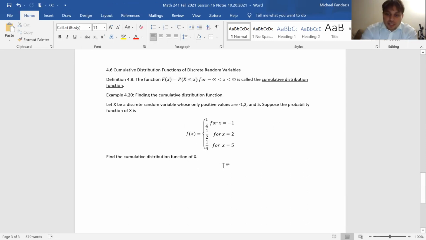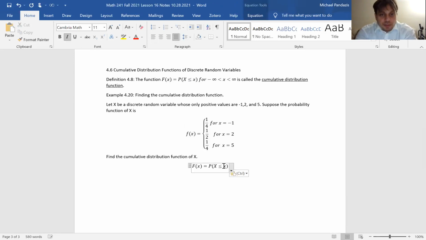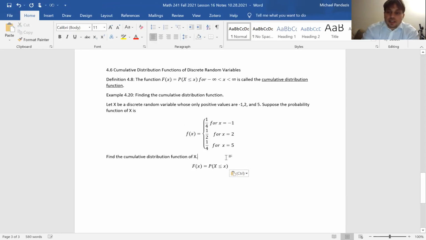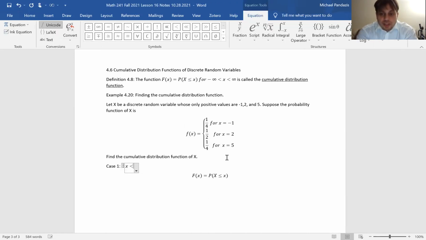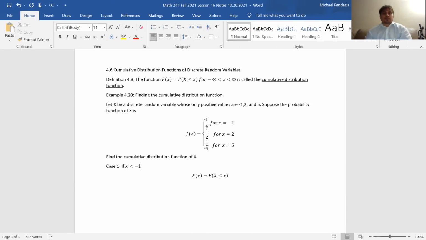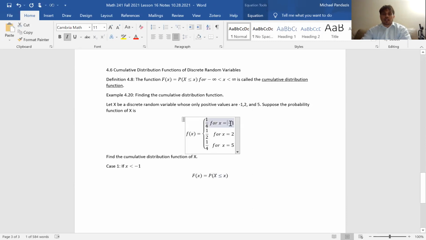So to do that, let's look at particular cases. Let's look at case one: if x is strictly less than -1. If little x is strictly less than -1, then the probability that capital X is at most this number little x is equal to 0.